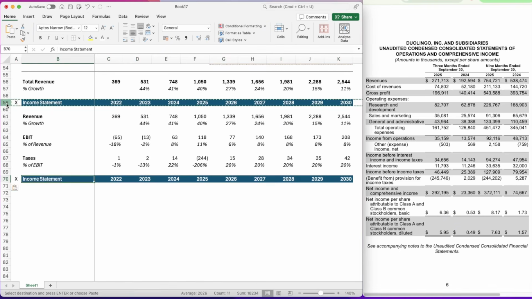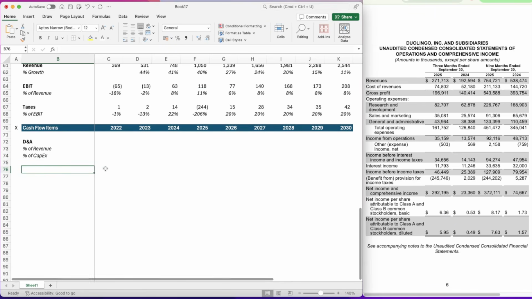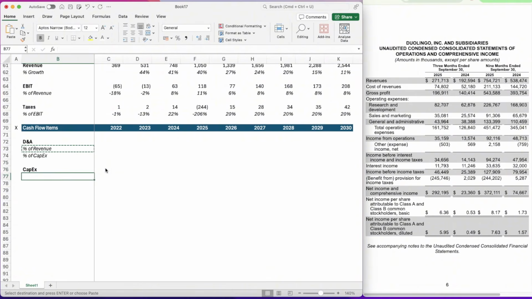Let's move on to the cash flow item. They are the depreciation and amortization. Your capex and your change in net working capital.